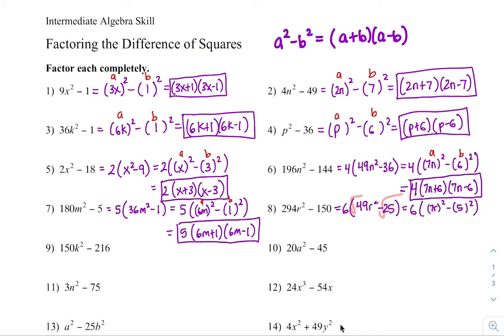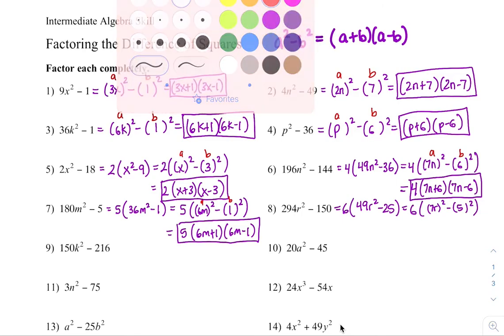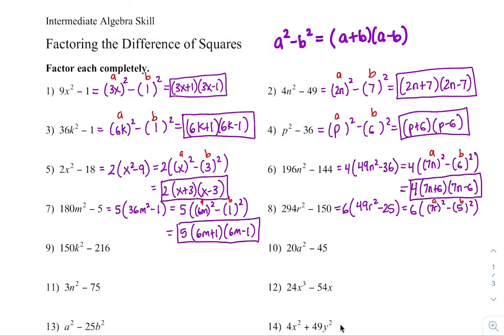Which is essentially the same thing as what times itself would give you those numbers. So that's my a and b. And so 6 times our a plus b is 7r plus 5, and our a minus b is 7r minus 5.